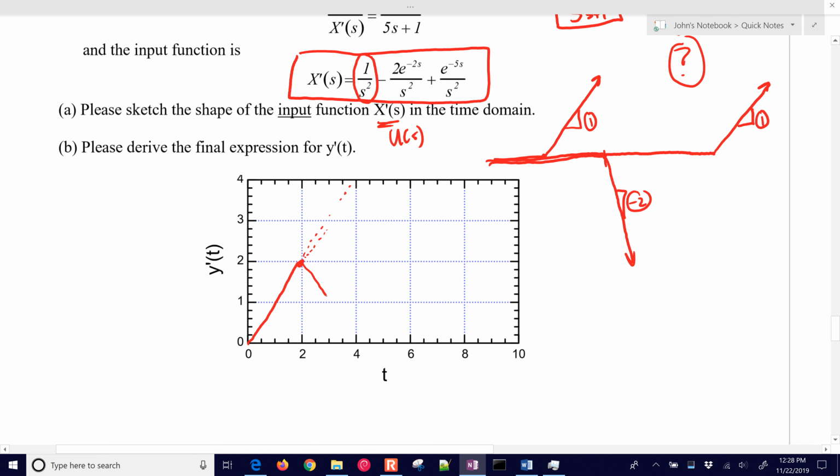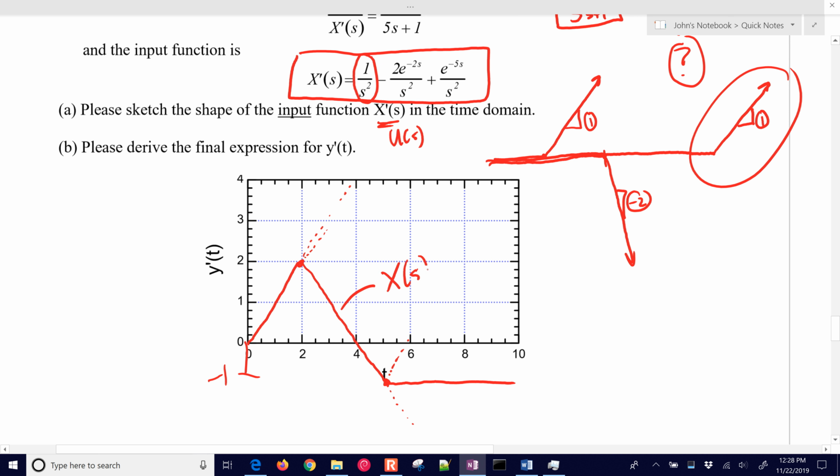That continues for 3 seconds until it gets to a value of negative 1. Then this final one is going to cancel out the negative slope. Even though it would continue otherwise, the positive slope that we add is going to make it level out.